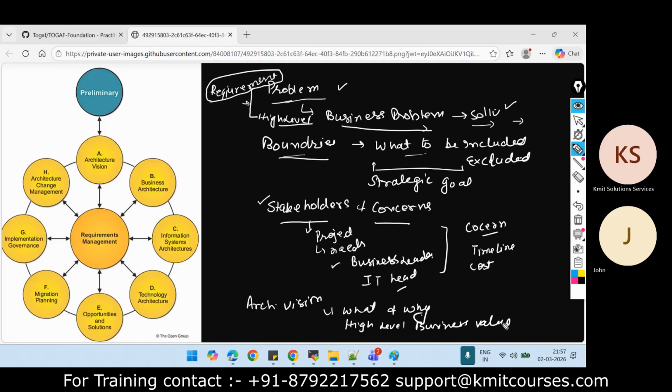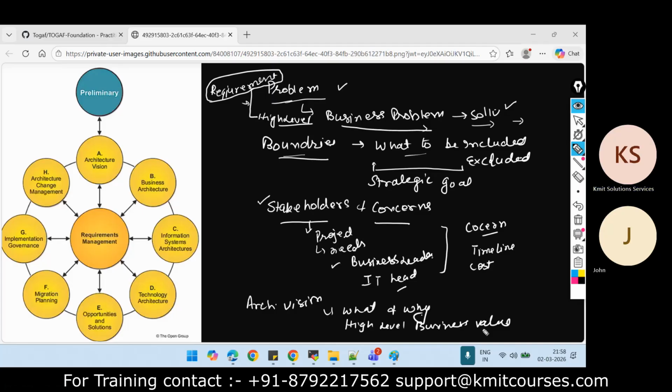And you need to make sure what architecture work we need to do. So that is basically our architecture vision, right? So which problem we are solving, what are the boundaries, stakeholders and concerns, right? Architecture vision.